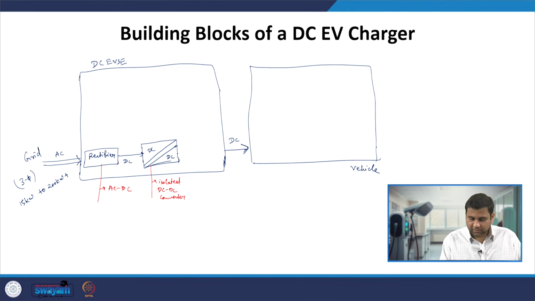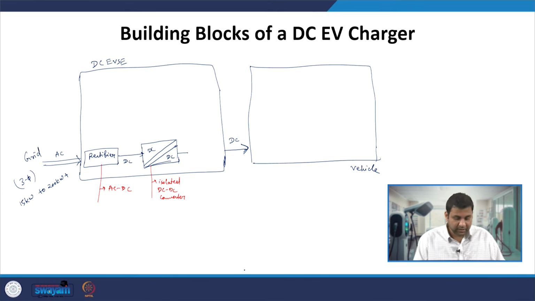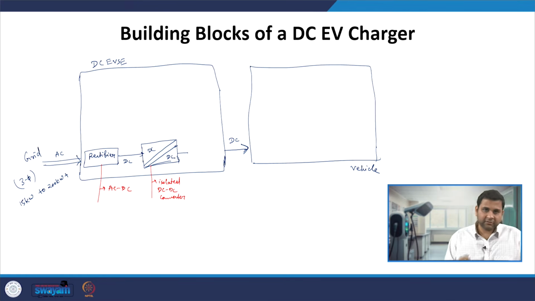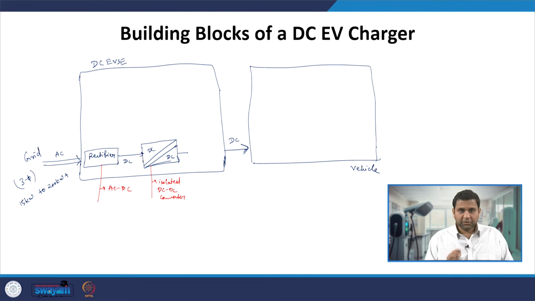Just to have isolation between the grid and the battery in the vehicle. At the same time, you need to control and apply the required DC at its output. That is why the isolated DC-DC converter is used in this system.